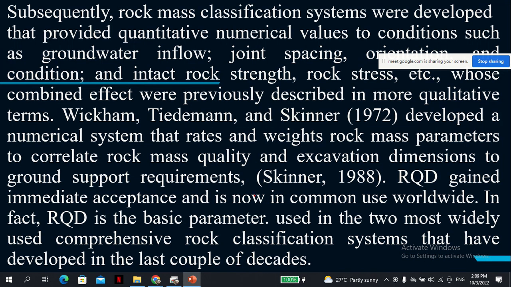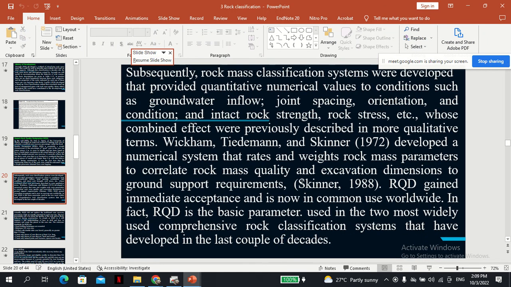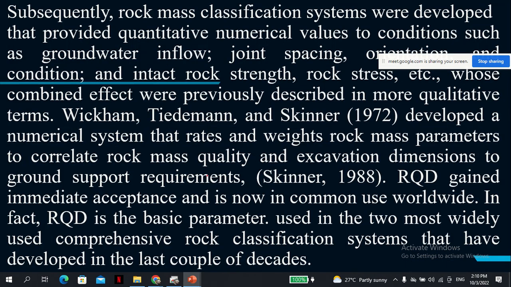Subsequently, rock mass classification systems were developed that provided quantitative numerical values. Of course, engineers like numerical things that we can refer to. So the methods that could give numerical values were developed.